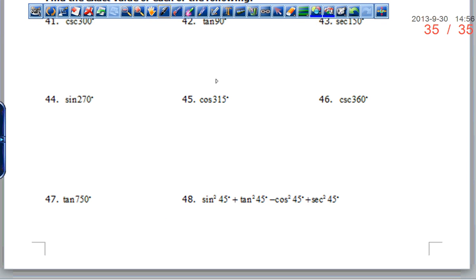Okay, 47. How many degrees is twice around the circle? 720. So if I subtract those, I get 30, right? So that's like saying I go all the way around 2 times, and then I got 30 more.